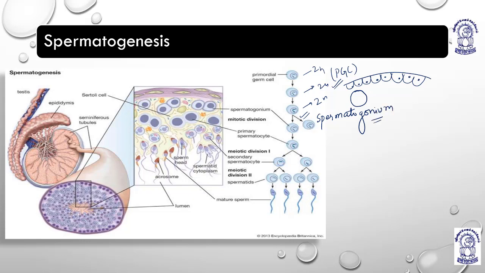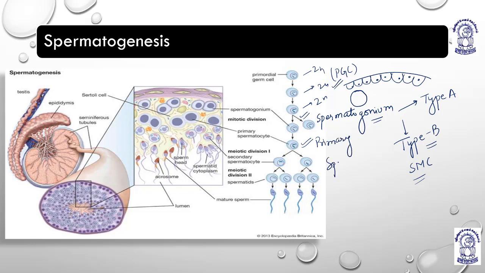Spermatogonium type A will act as a stem cell, and type B will act as a sperm mother cell. This type B, which acts as a sperm mother cell, further undergoes mitotic division to form the primary spermatocyte.